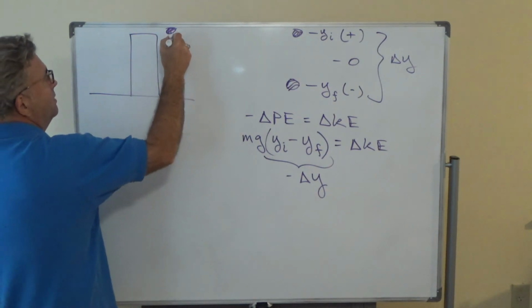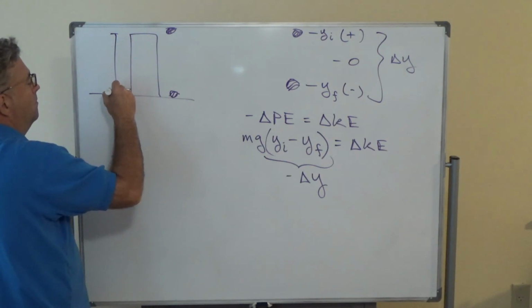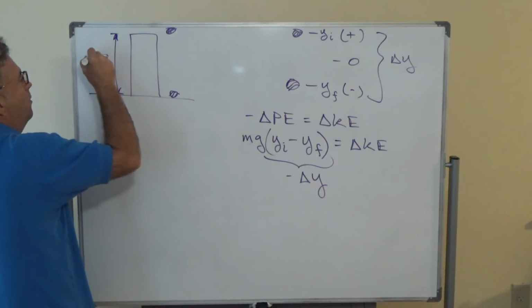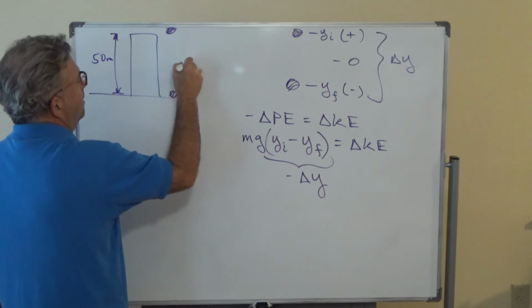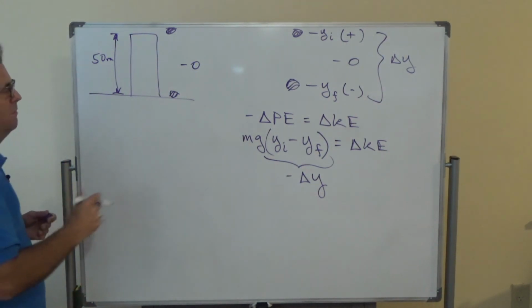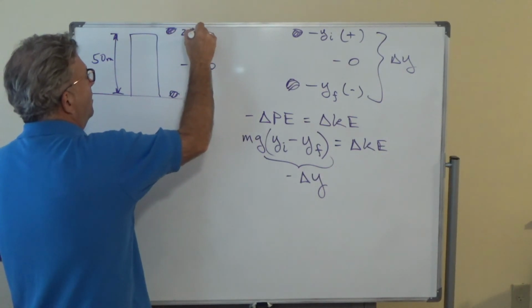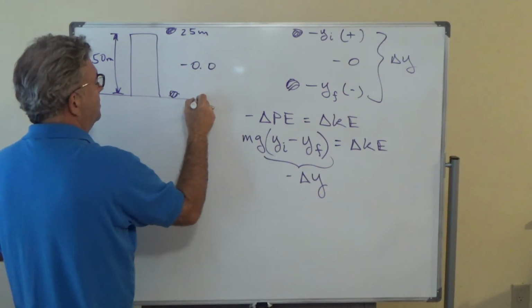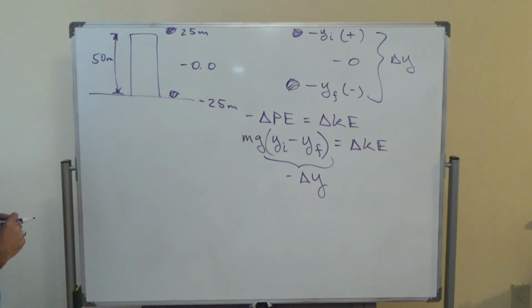I'm going to let the height of the building, just like I had before, be 50 meters. Only this time, the 0 point will be here. So this is 0, this is 25 meters, and this is negative 25 meters.